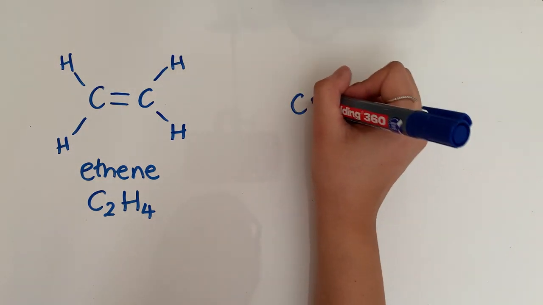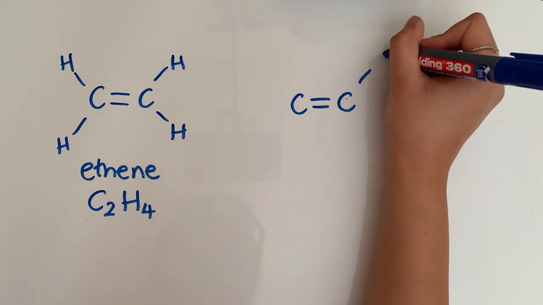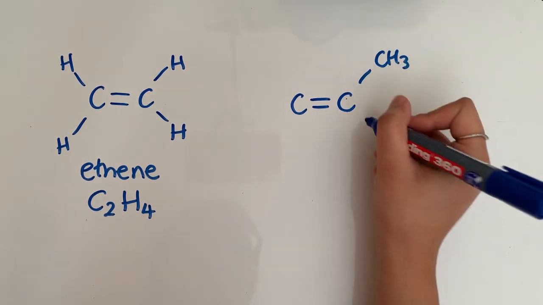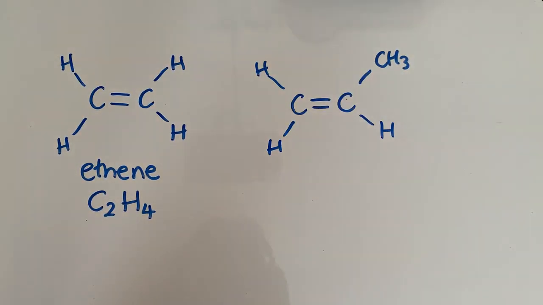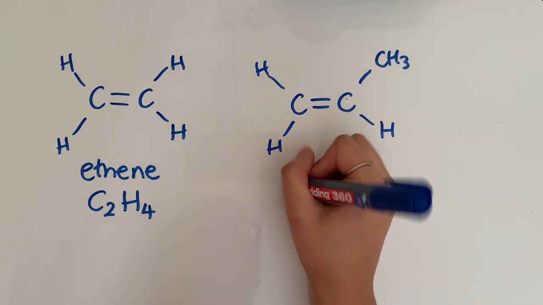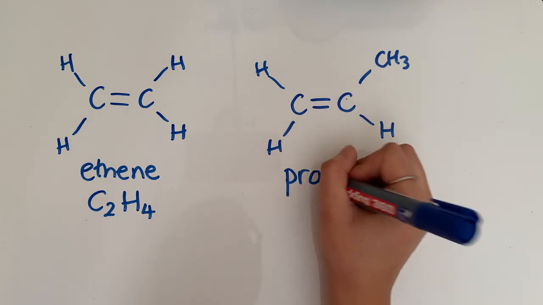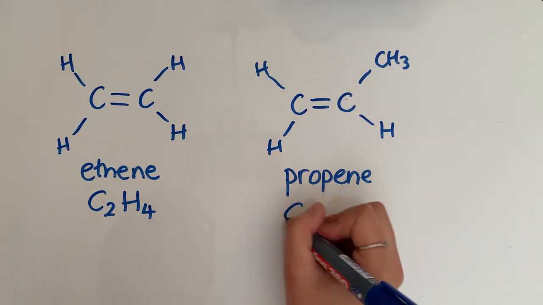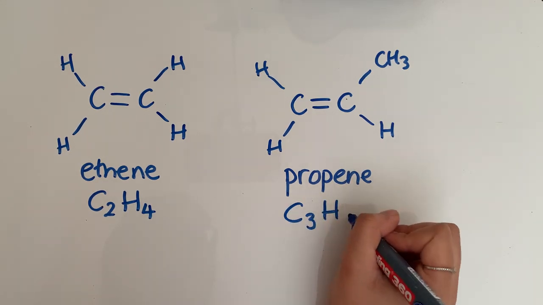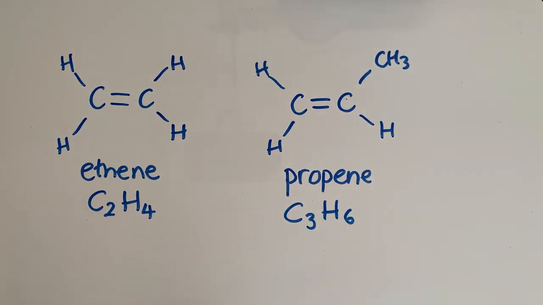The next one is this one. I'm not going to show all the bonds in that CH3 group there, but again, one double bond, and it's now got 3 carbons in it, so it's going to be propene, and the molecular formula for this is C3H6.